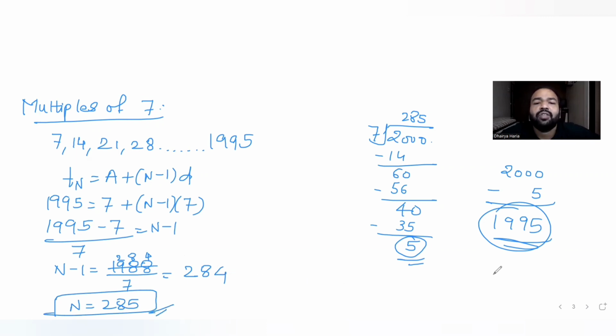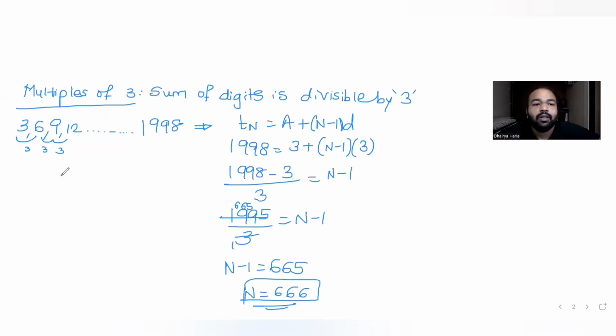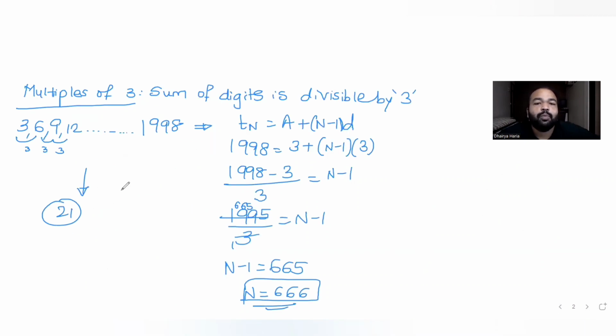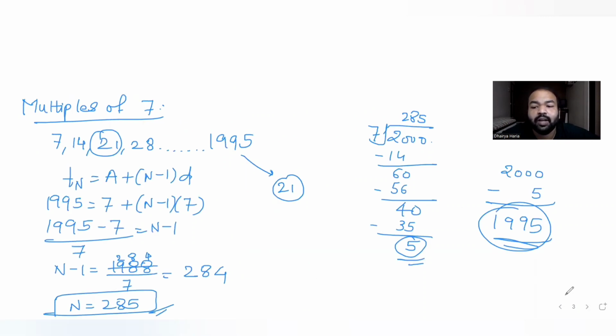So basically there are 285 multiples of 7. But now if you see the problem here, in the multiples of 3 I will also have the number 21, which will also be included in the multiples of 7, because 21 is repeating in both cases, right? So basically we need to find the LCM of 3 and 7. If I find the LCM of 3 and 7, that gives me 21.